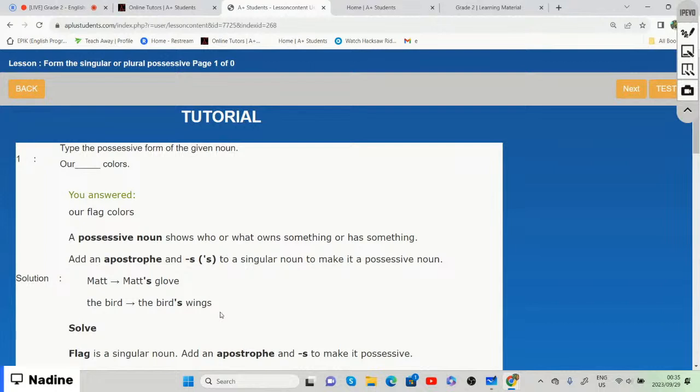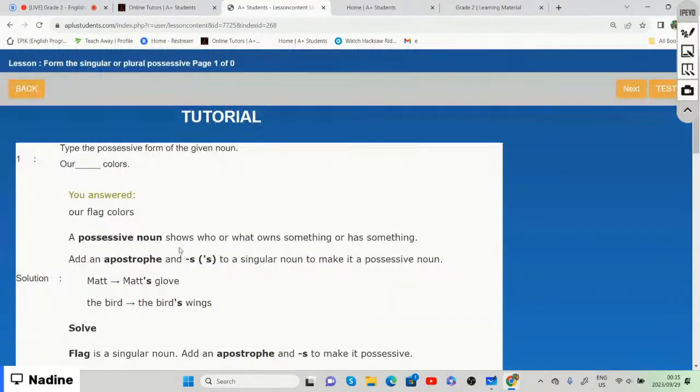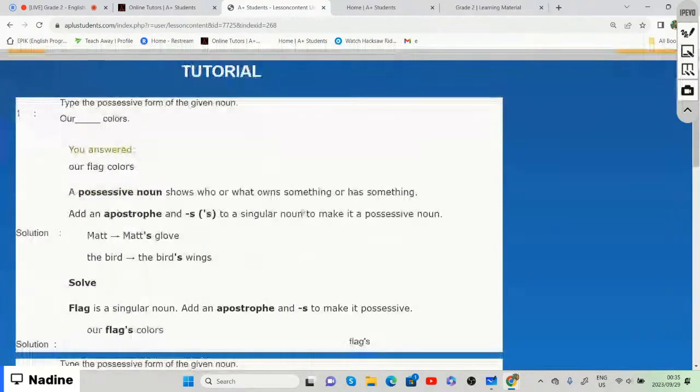A possessive noun shows who or what owns something or has something. And we add an apostrophe and S to a singular noun to make it a possessive noun.